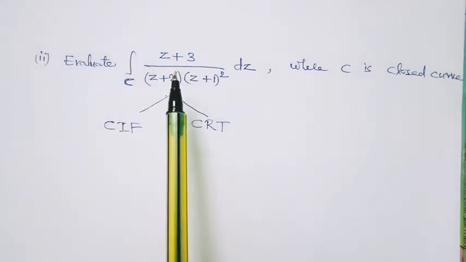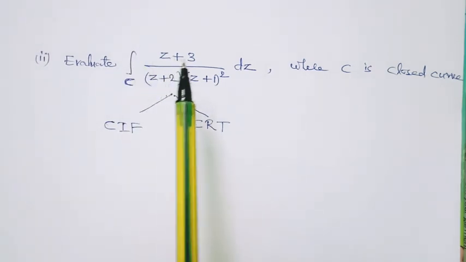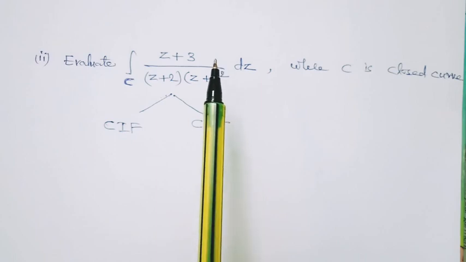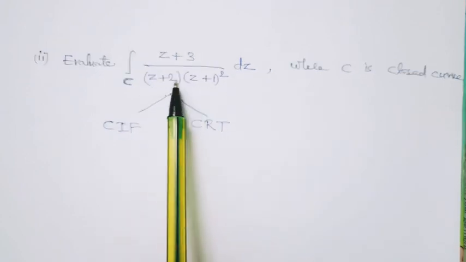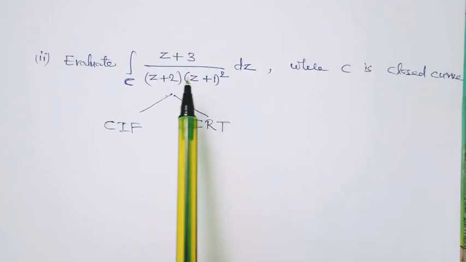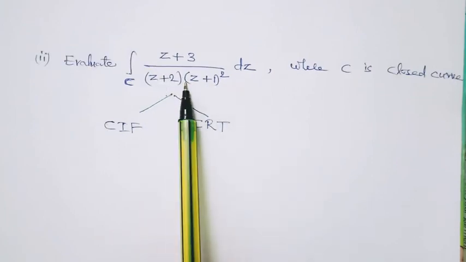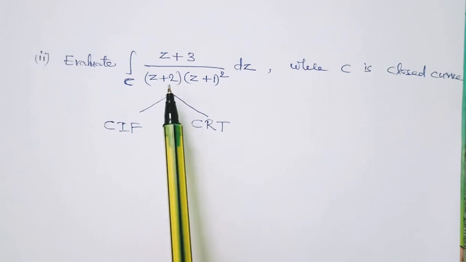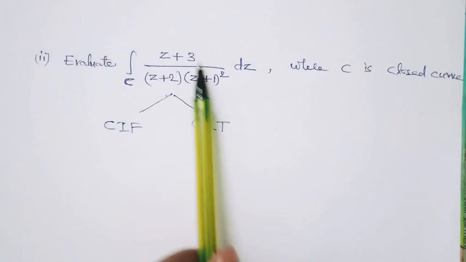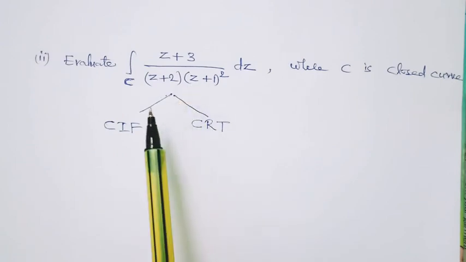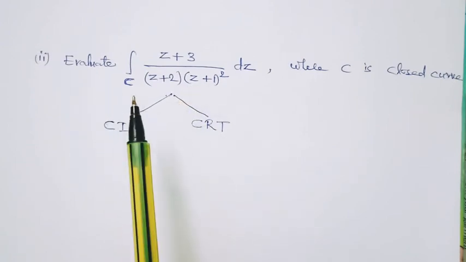Like previously we solved one problem, that problem we can integrate it directly, but for this type of questions we don't have any direct formula or direct method. So to evaluate this type of problem you must study Cauchy's integral formula and Cauchy residue theorem. Only these two methods you have in your syllabus to evaluate this type of problems.